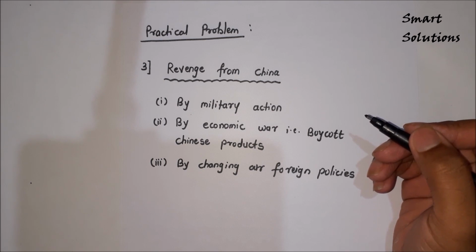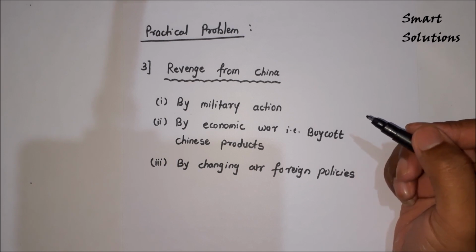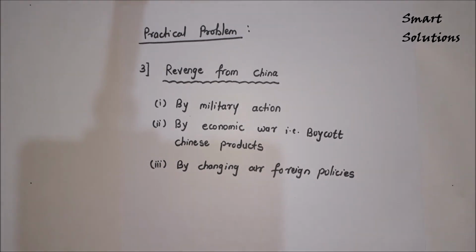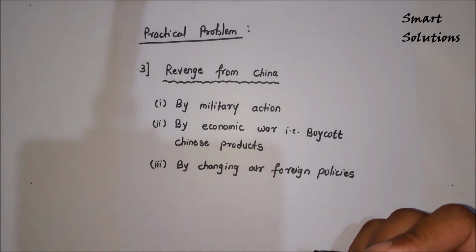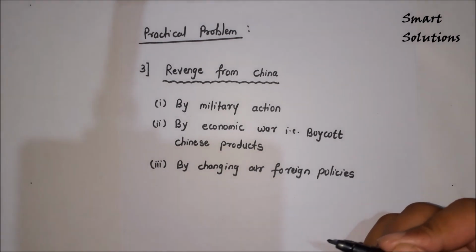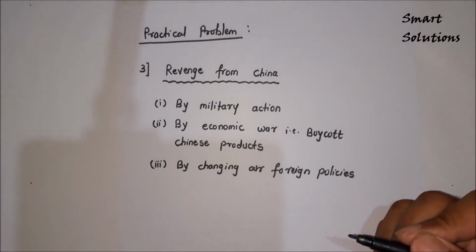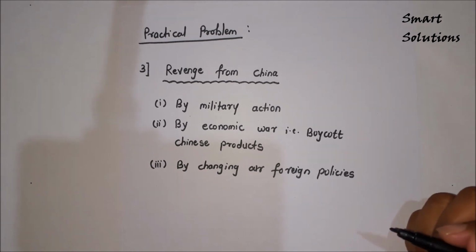We want to take revenge, or we want to throw back the Chinese. So how do we do that? Let us look at what options are available to us, or how we can tackle this problem and come up with the very best solution to take revenge from China.